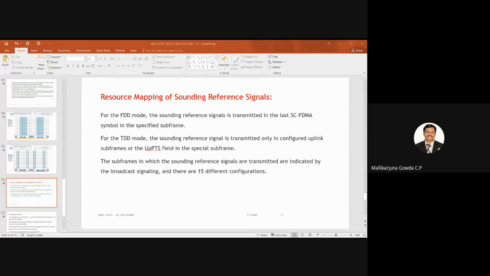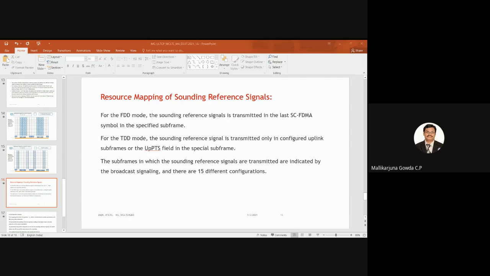I highlighted, no, the purpose of the demodulation reference signal is what? For coherent demodulation of data and control information at the eNodeB, right?